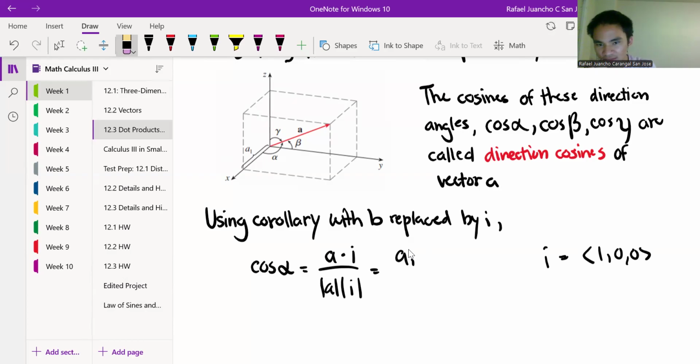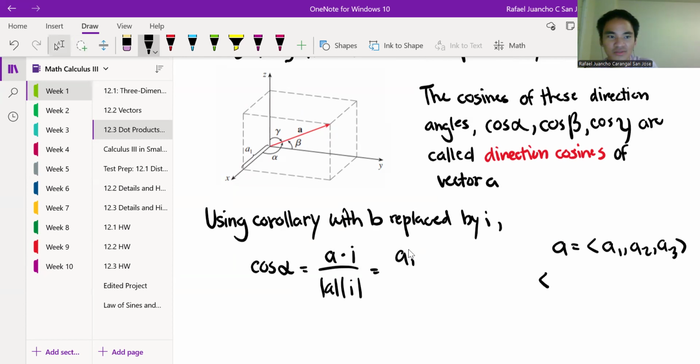And A, if we multiply it by this, let's say A is some value here. Oh, A is this vector, right? A has some value, A1, A2, A3. And if we multiply this to I, we're only left with A1. Because we do A1 times 1 plus A2 times 0 plus A3 times 0.